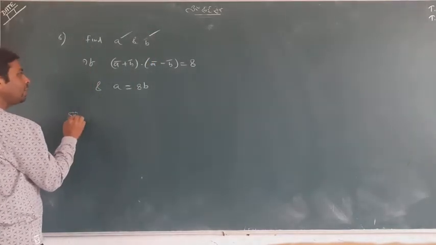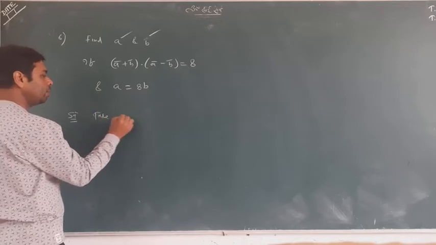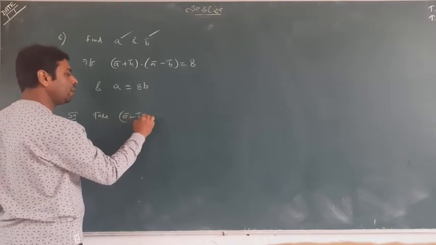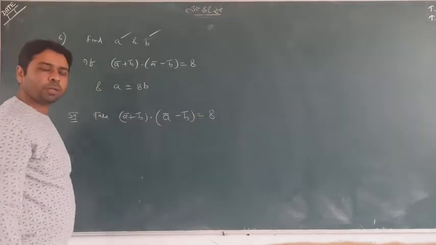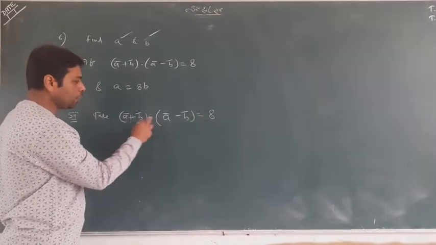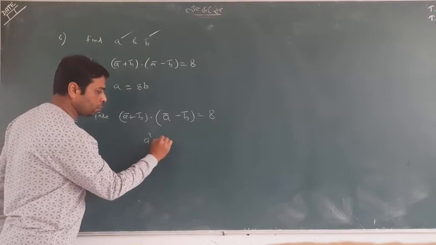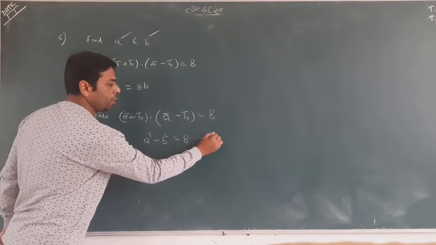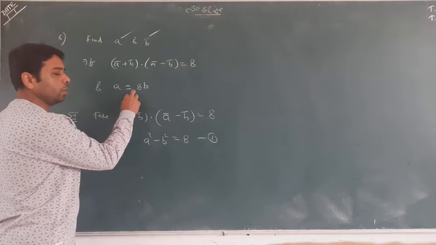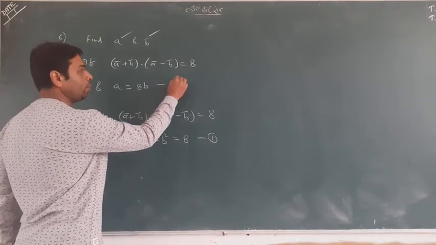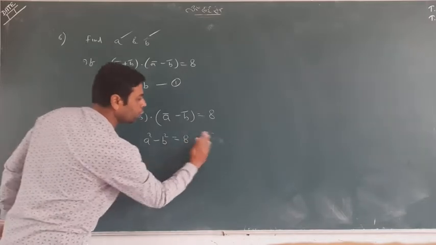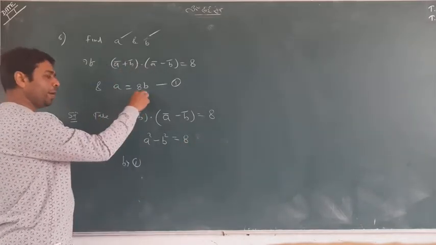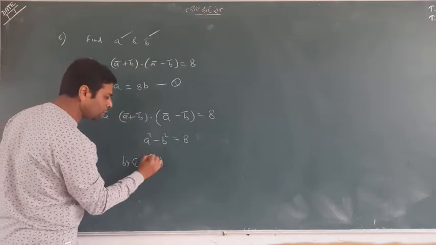Okay, solution: I will write A plus B into A minus B equals 8. This is given. You can multiply: A plus B and A minus B is A square minus B square. This is the first equation, suppose it is 1. Then A equal to 8B you can put here, 8B whole square.